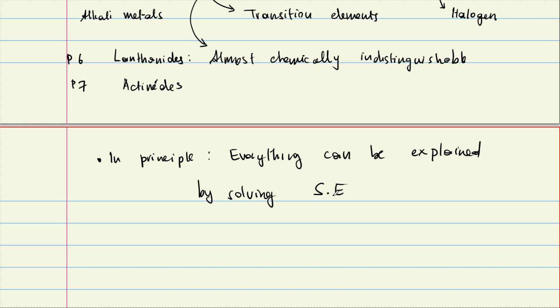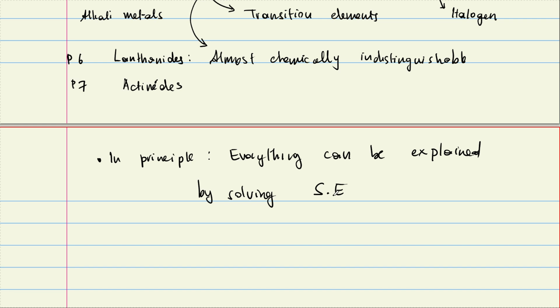Now imagine we have to do this for 2 electrons, and 2 electrons are going to interact with each other. And now suppose 3 electrons and 4 electrons. Every electron is going to influence every other electron. So there will be a very complex set of partial differential equations, and in general they cannot be solved.